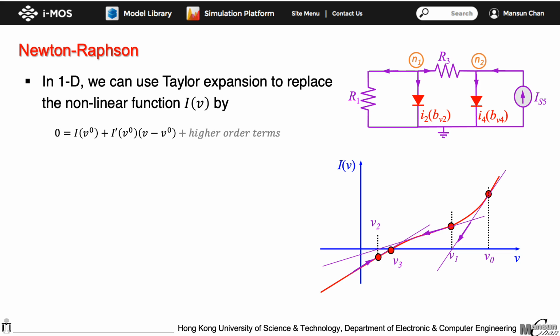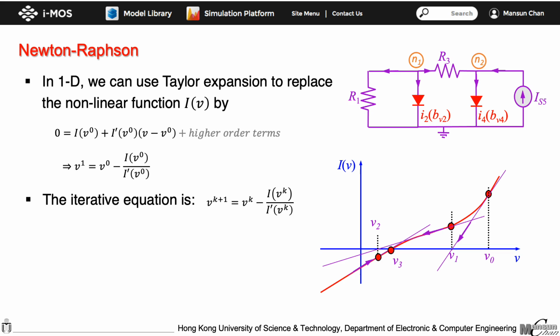In the example, V1 is given by the equation here. More generally, the equation to find the next solution at the k plus 1th iteration, given the voltage value at the kth iteration, is expressed by the equation here.